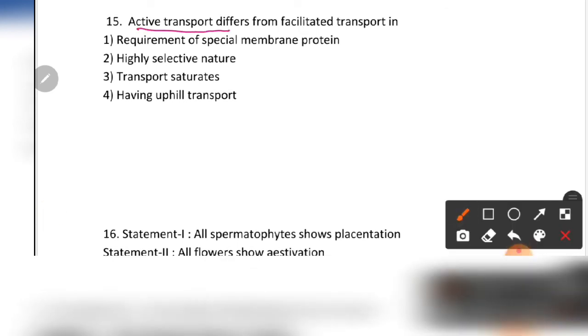Active transport is uphill transport. Facilitated transport is downhill transport, which means movement of substances from high concentration to low concentration.